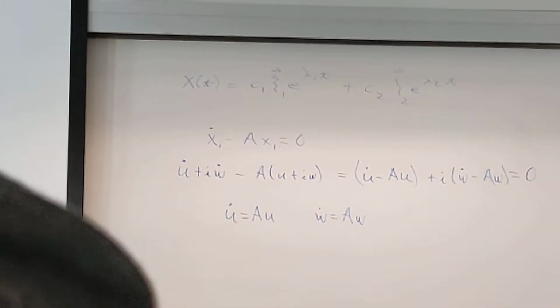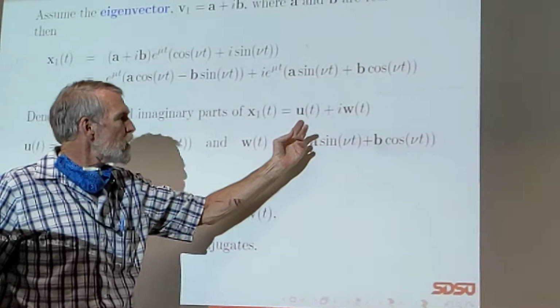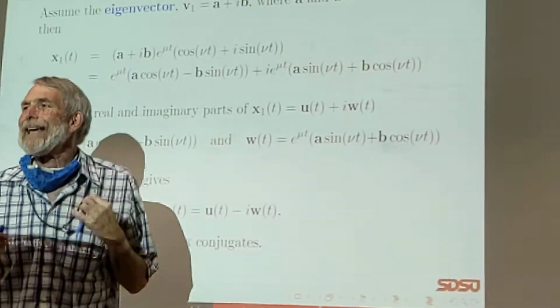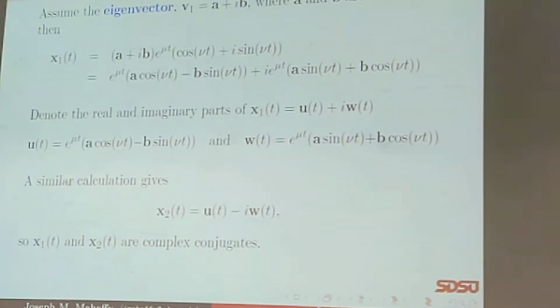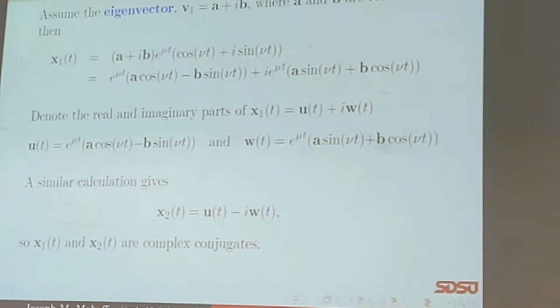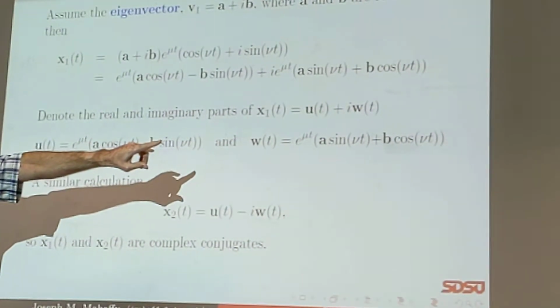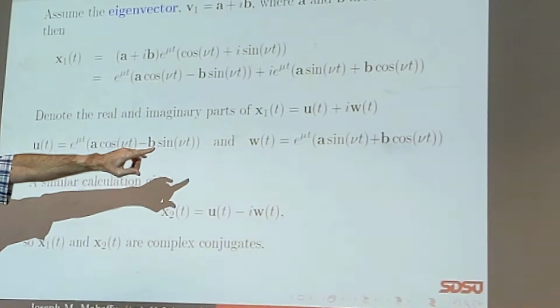Necessarily. And so what this is saying is that this real part and this imaginary part each satisfy the differential equation. Note that the u and the w are real valued functions.